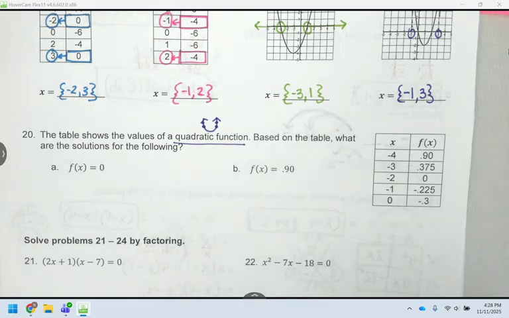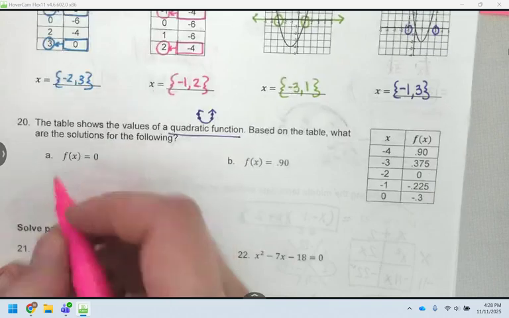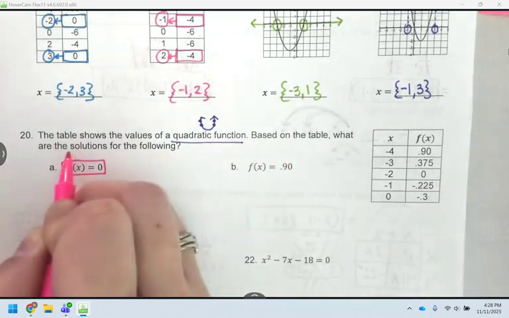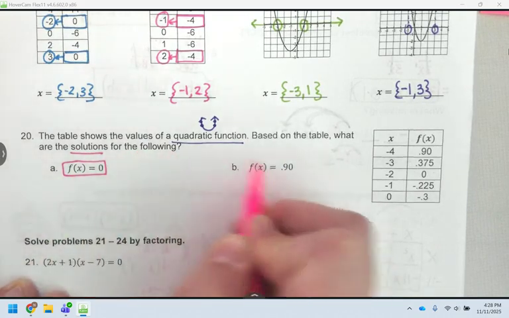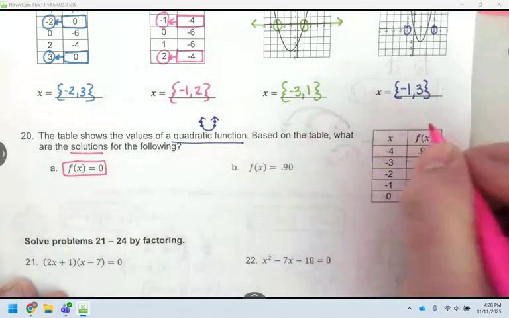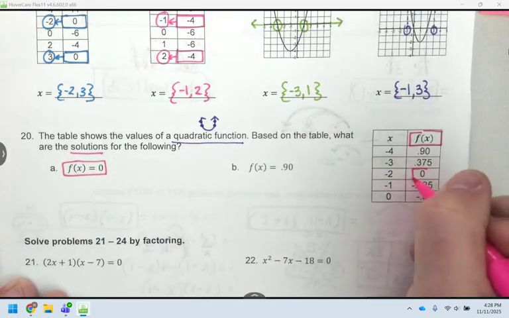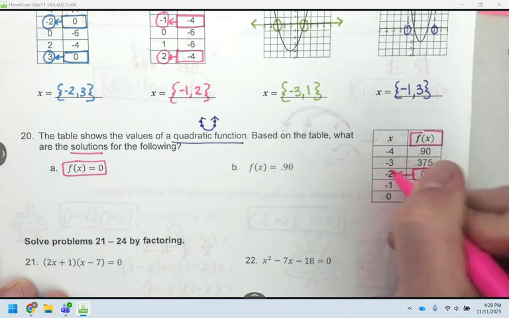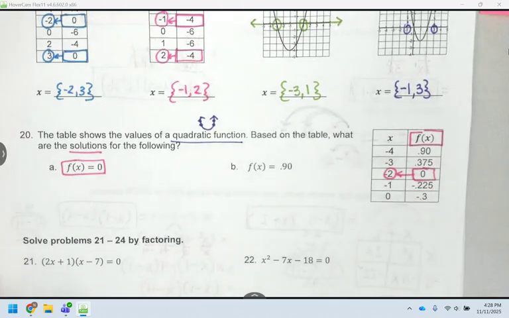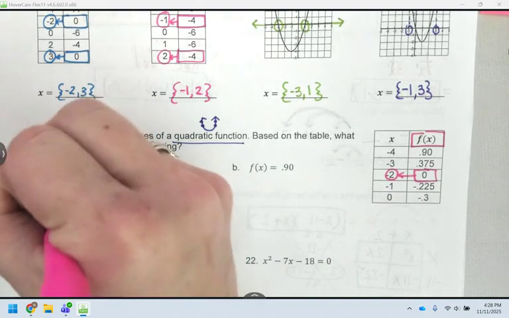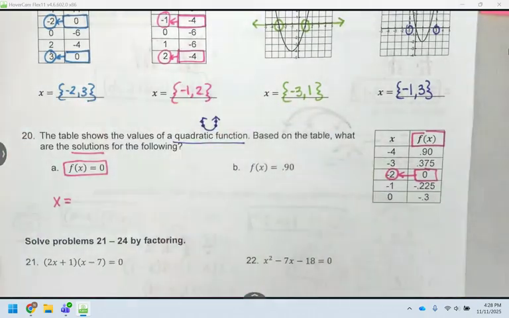Interesting. Or, oh, nope, they were nice. They're asking, what is the solution for each of these? So what is the solution for when f of x is equal to 0? f of x is equal to 0 when x is 0 and what else?